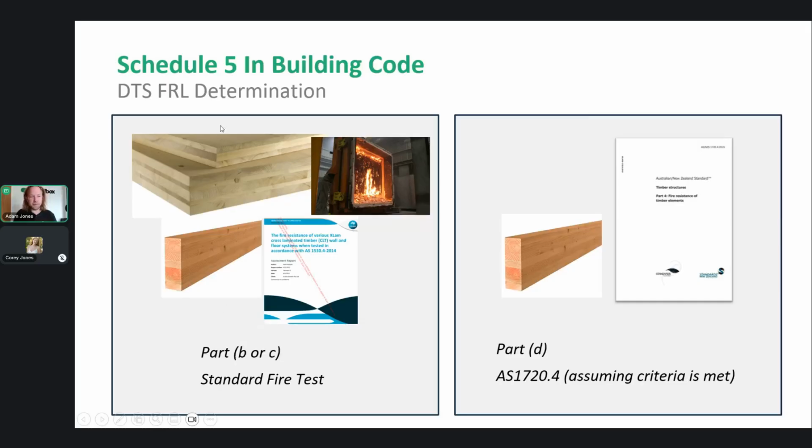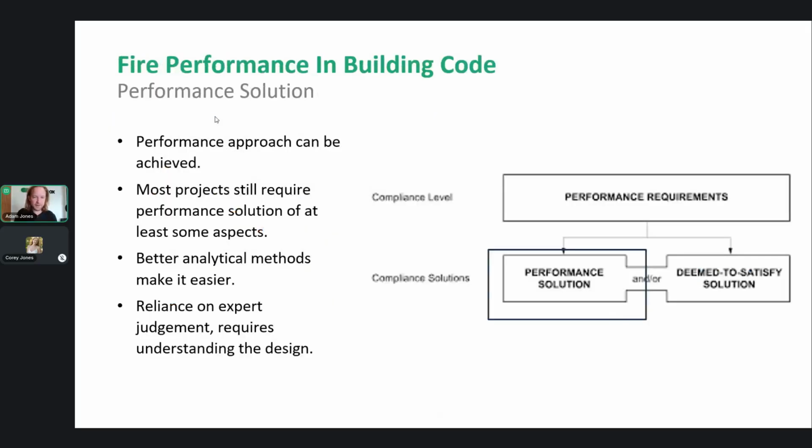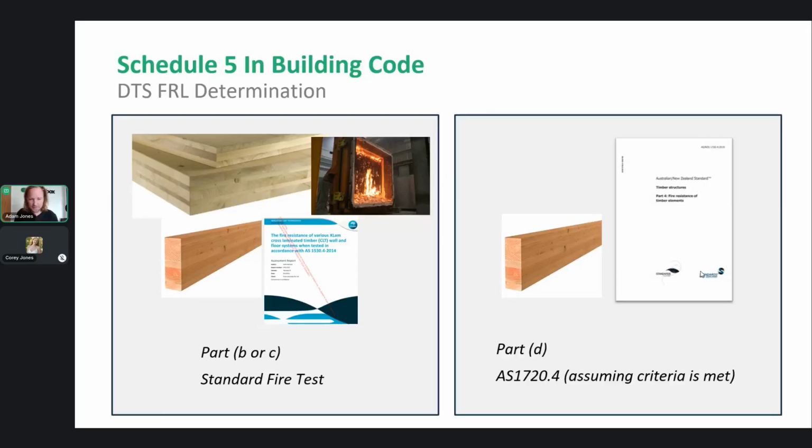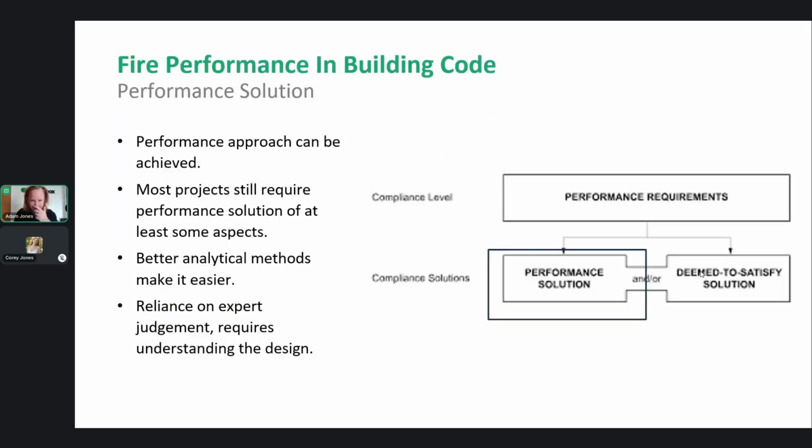But it's important to note, this is all about a deemed-to-satisfy FRL determination, the cookbook approach. The reality is that the deemed-to-satisfy cookbook approach may or may not be flexible enough. And most of the time a performance solution is taken, because when it comes to the structural fire design of buildings, to actually have some of these met, and I'll talk more about this in a second, it is always preferred, but it is sometimes unavoidable to fall into a performance solution.